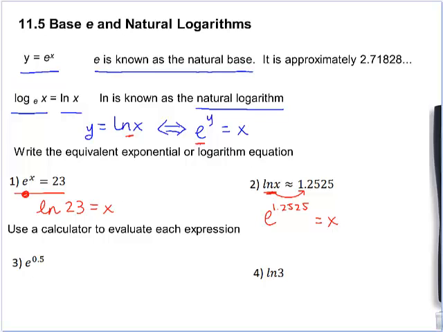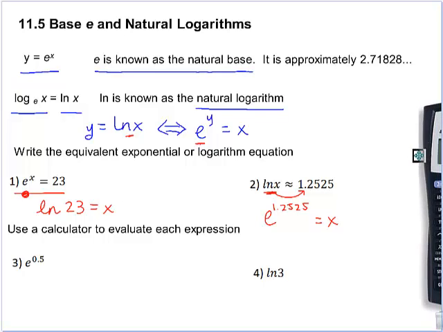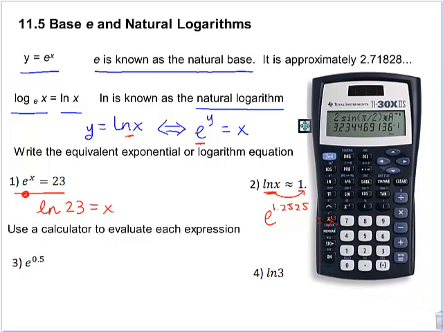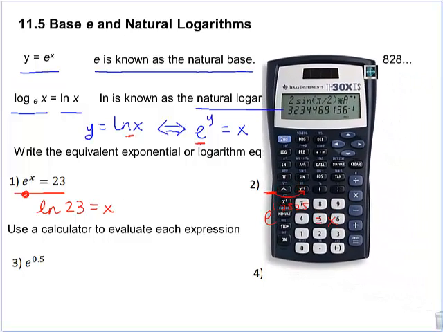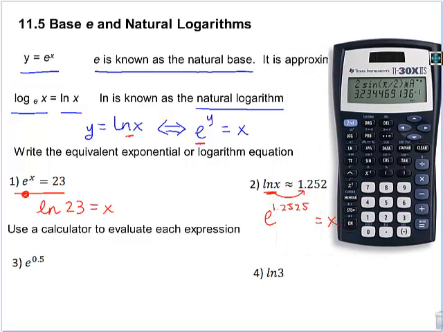So we're going to use our calculators to evaluate each expression. Now, this is a new button for us on our calculator, so I grabbed an image of the calculator offline so I can show you where the correct button is. This is the one that most of you are using, but this general form also corresponds with the other calculators.